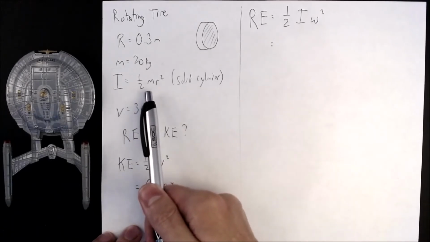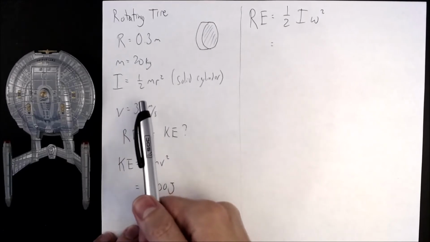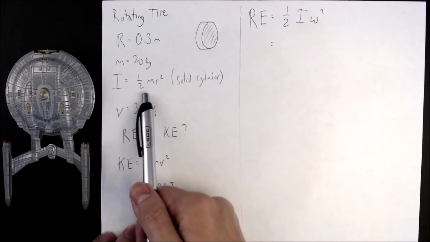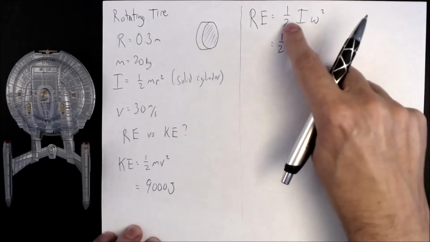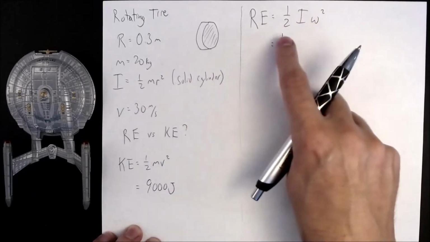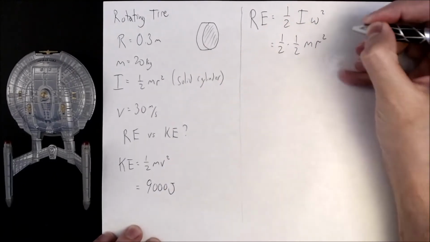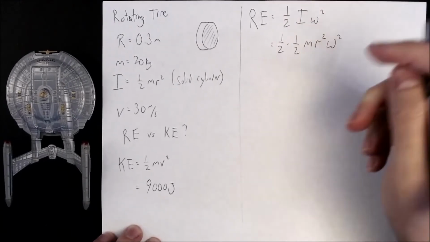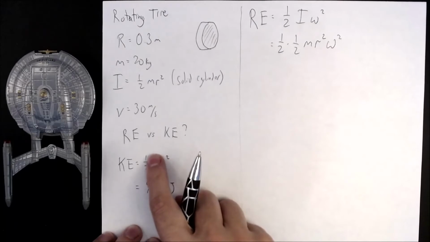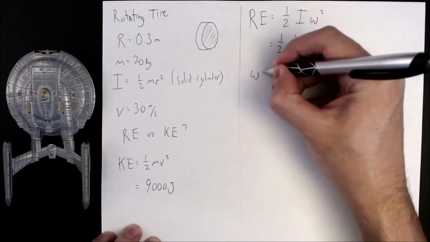You can actually just look up in the book what the equation for a solid cylinder will be, and I'll give you that on any tests and anything that you need it for. So 1/2 mr squared, this is going to be 1/2 from there, times 1/2 from I, 1/2 mr squared, times omega squared. Well, we're not given omega, so we need to figure out what omega is equal to.